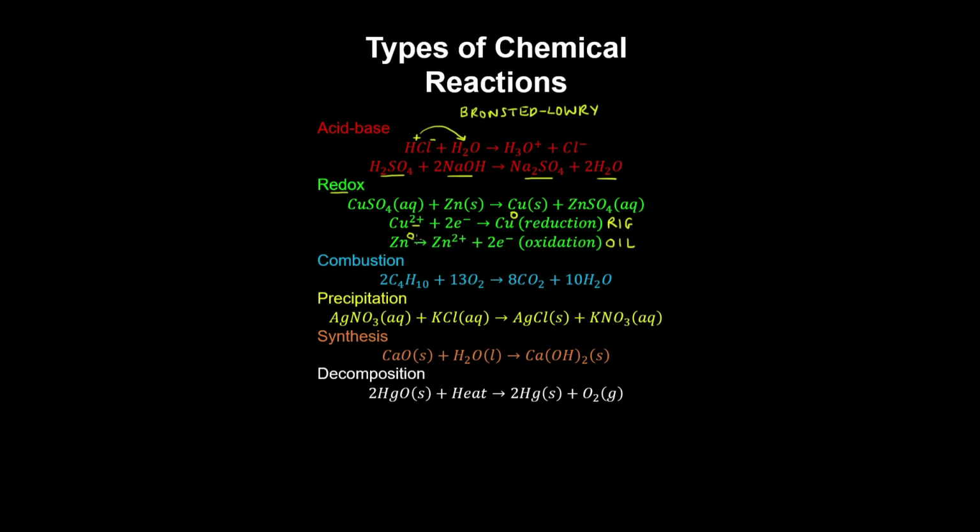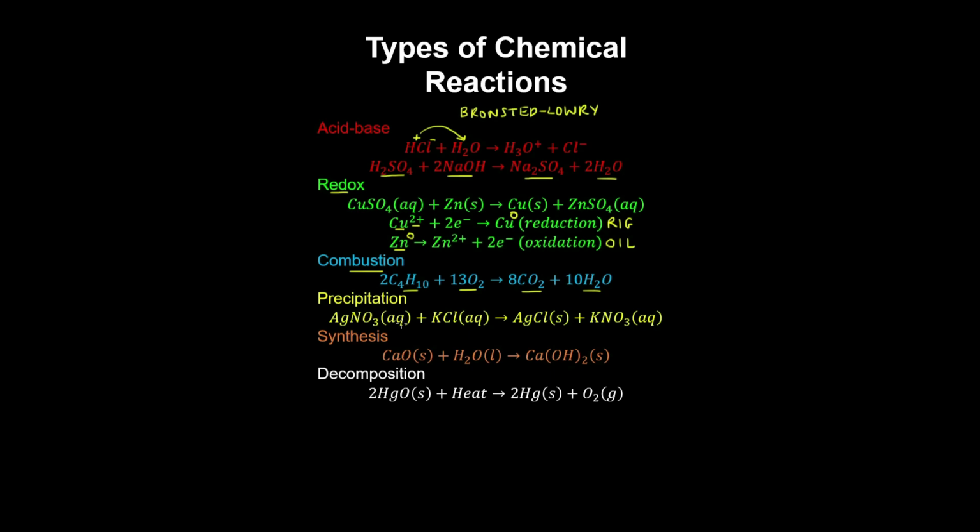So in a redox reaction, electrons are transferred from the species that's oxidized to the species that's reduced. And combustion is an important subclass of redox reactions, where a species reacts with oxygen gas. So where you have a hydrocarbon, carbon dioxide and water are the products of complete combustion.